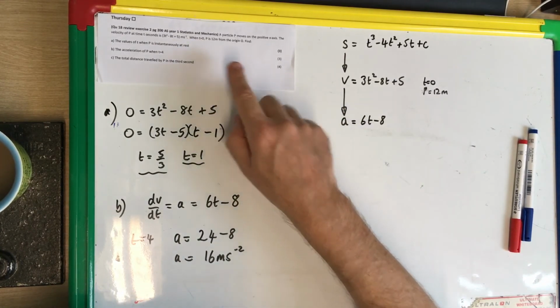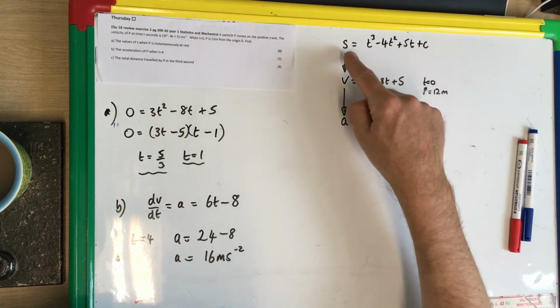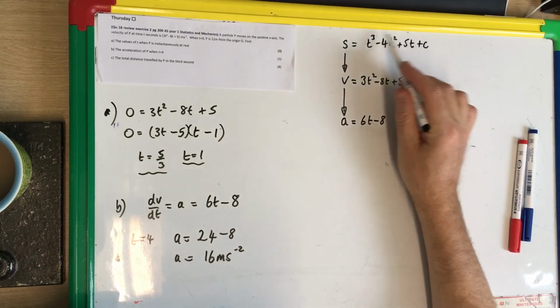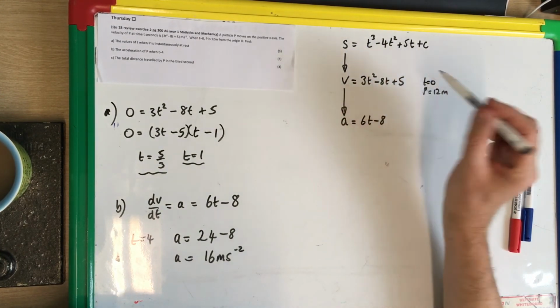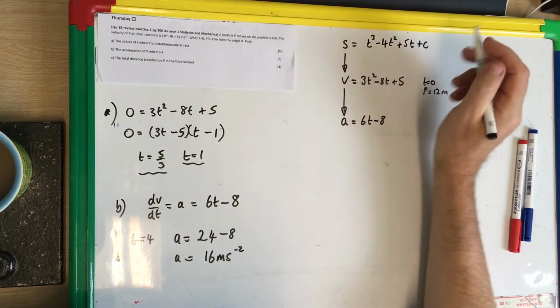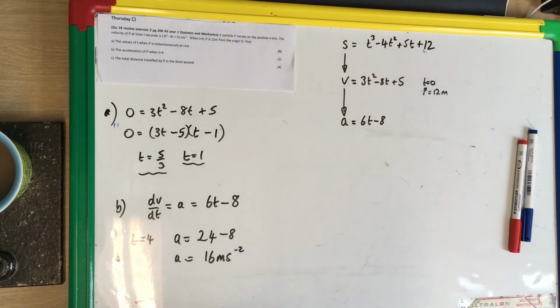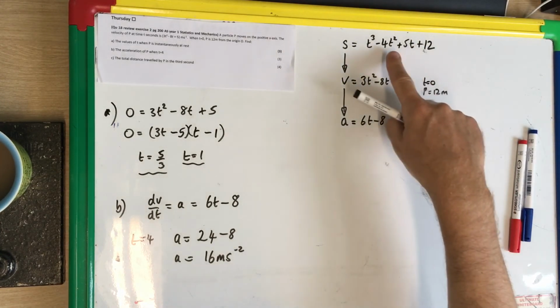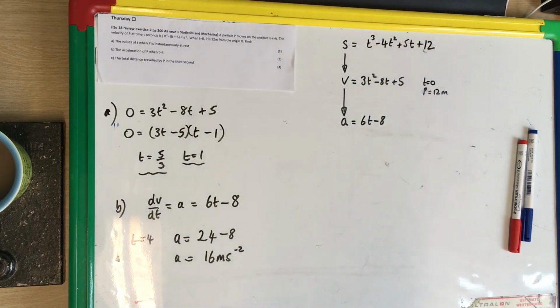P is 12 means it's 12 meters from the origin, so s is 12 when t is 0. And if all of that is then 0, and that's 12, then c is 12. So s is equal to plus 12. Substituting t is 0 makes all of those bits 0, and s is 12, because that's where it's starting from. So we've got that coordinate.